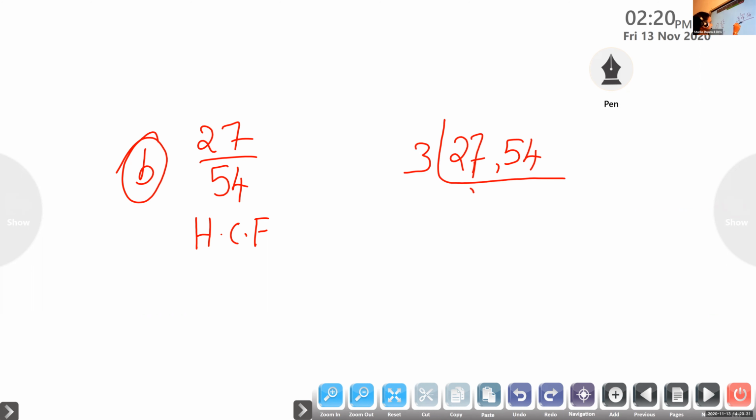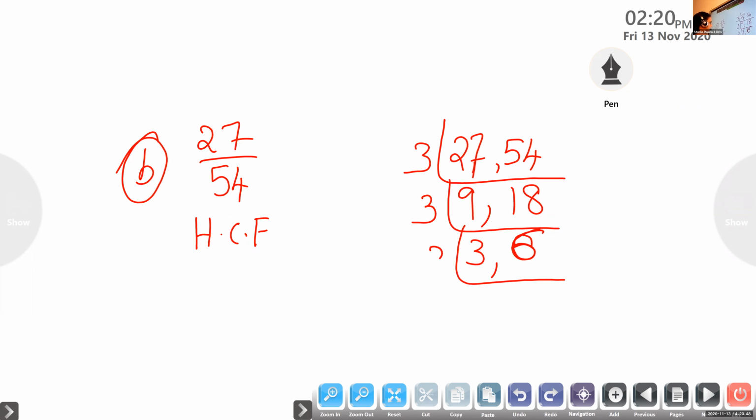Start with 3. 9 3s are 27. 8 3s are 24. Again, you can start with 3. 3 3s are 9. Then here 6. Again, you can divide by 3. So 3 into 3 into 3, 3 into 3, 9 into 3 is 27. So 27 is the highest common factor.